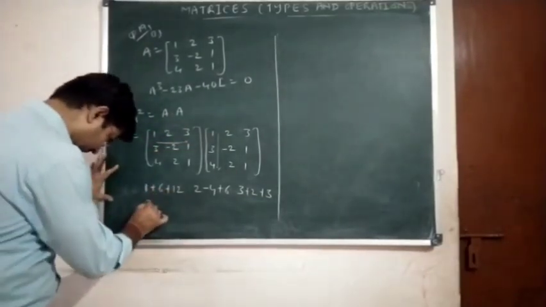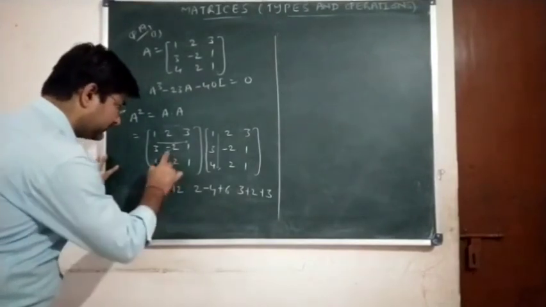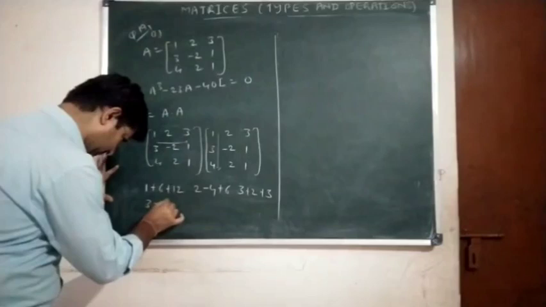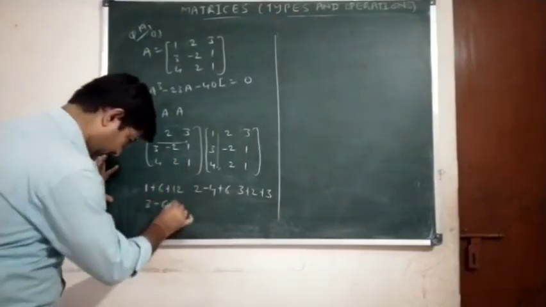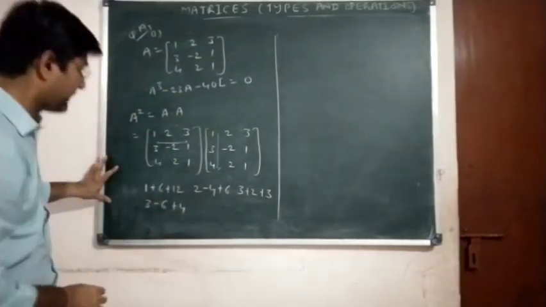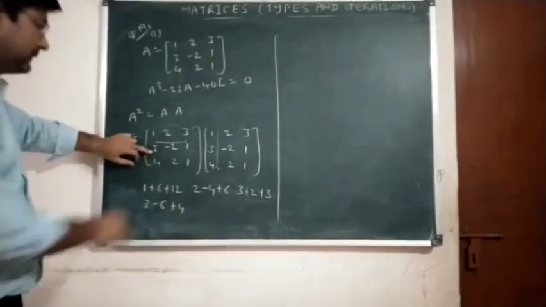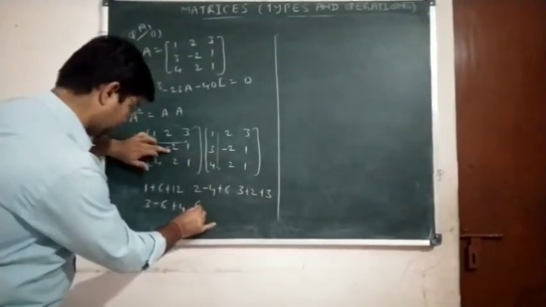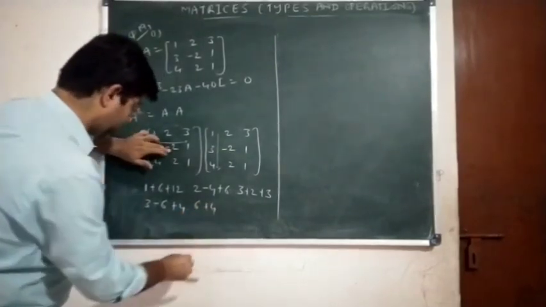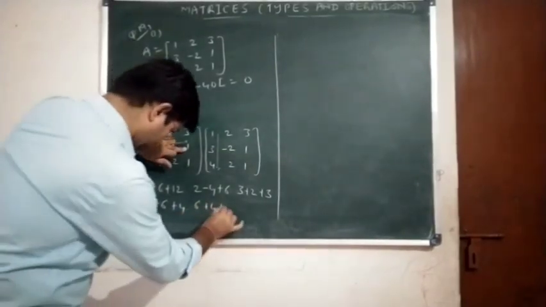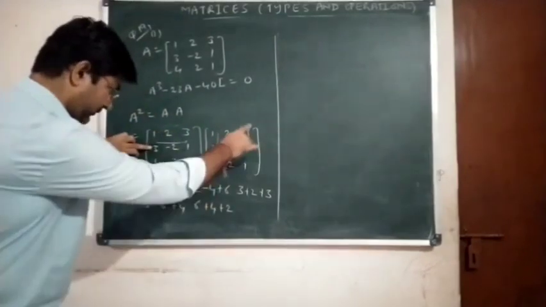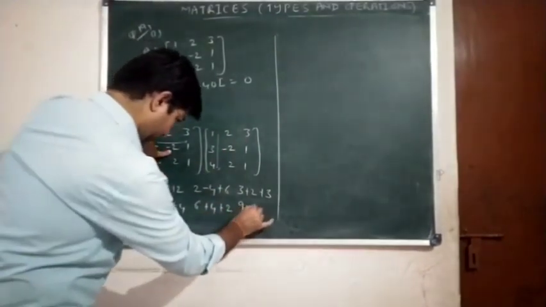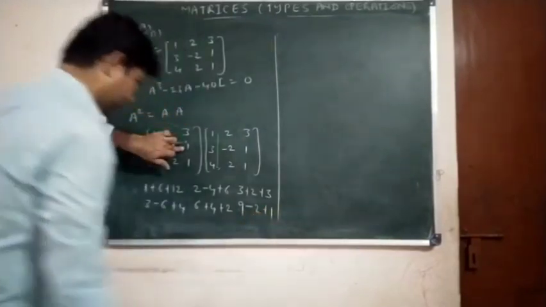Again 3 1s are 3 plus 3 into minus 2 minus 6 plus 1 4s are 4. Clear? Then with the second column 3 2s are 6 minus minus plus 2 2s are 4 plus 2 1s are 2. Now with the third column 3 3s are 9 minus 2 plus 1.